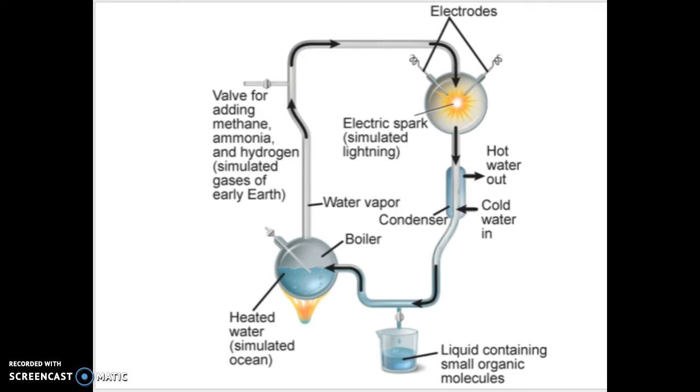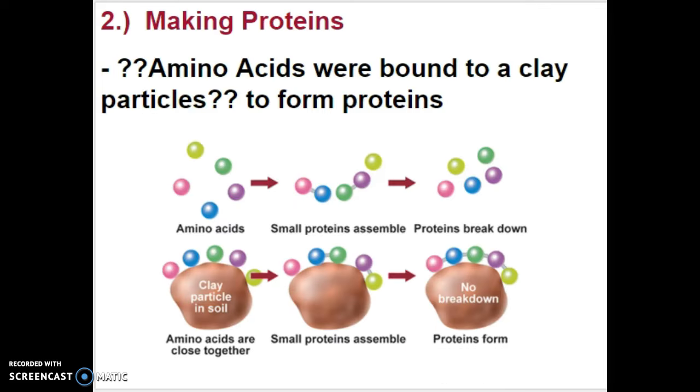The only problem is those amino acids were very simple, and they wouldn't necessarily stick together. They would come together to form a simple protein, and then they would degrade and fall back into a group of amino acids. So the next question was, okay, if we can make organic molecules from inorganic molecules, how do we get those organic molecules to stay together?